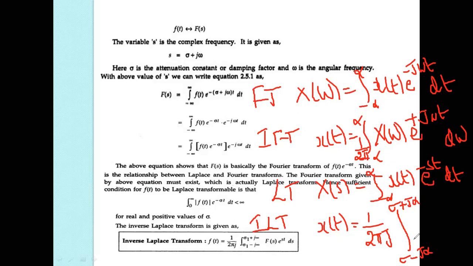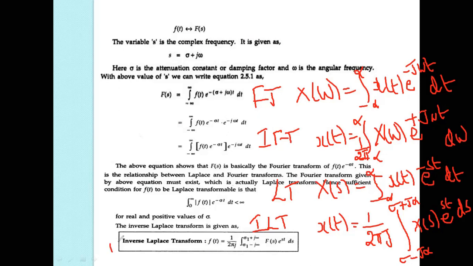Because it is complex, X of s and e power positive exponential are taken with respect to s. The only difference from the inverse Fourier transformation is that s is a complex frequency, with 1 by 2 pi j and limits from sigma minus j infinity to sigma plus j infinity.